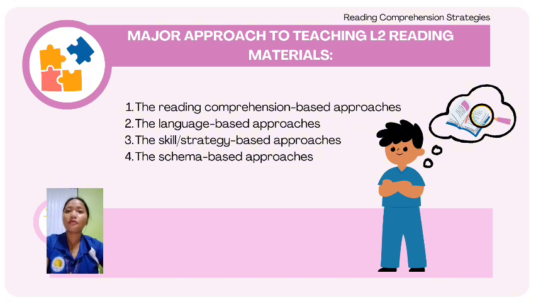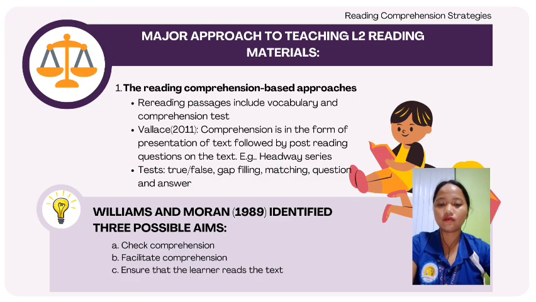So there are four major approaches to teaching L2 reading materials. The first one is the reading comprehension-based approaches, second is the language-based approaches, and third, the skill or strategy-based approaches, and the fourth, the schema-based approaches.